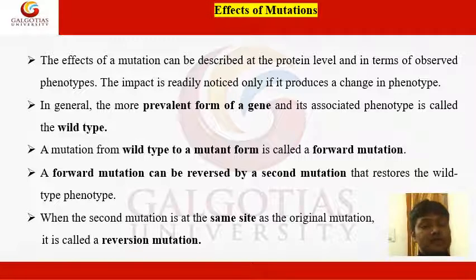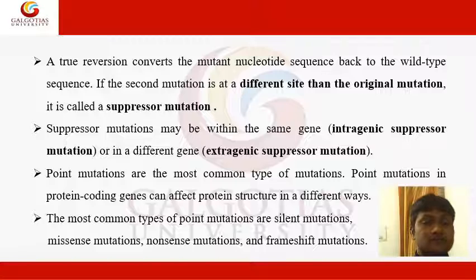Mutations from the wild type to a mutant type are called forward mutations, and they can be reversed by second mutations. When the second mutation is at the same site as the original mutation, then a reversion mutation occurs. A reversion converts the mutant nucleotide sequence back to the wild type sequence.